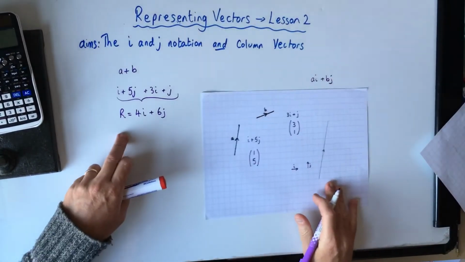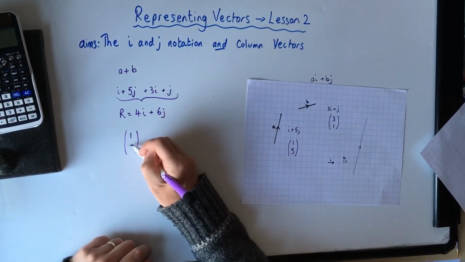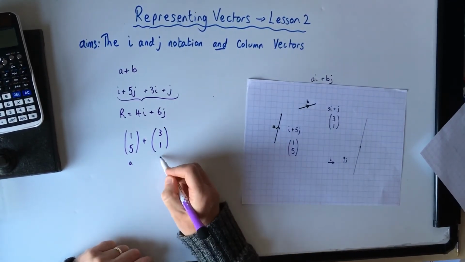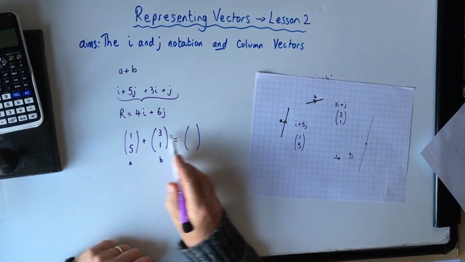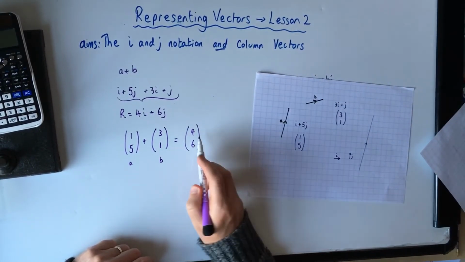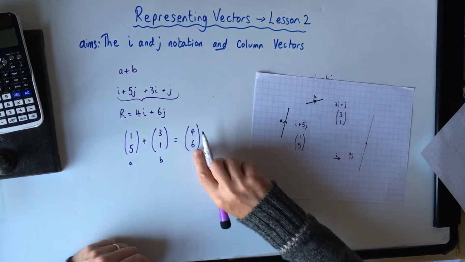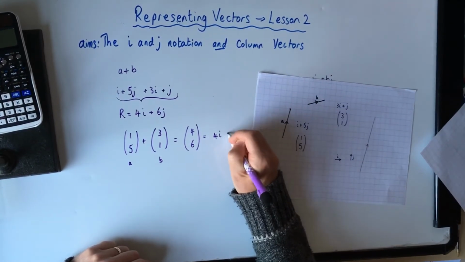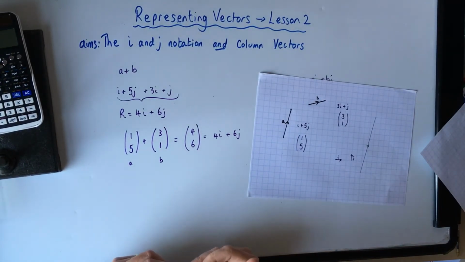Likewise, if you were adding it up, you'd simply be going 1 over 5 plus 3 over 1. This is our a and that's our b, and we add those together, of course. We just add the top, 4, and add the bottom, 6. So 4 over 6. Remember the top is the i, along the corridor, as we always do, and the 6 is up the stairs. So this or 4i plus 6j. Take your pick, but you get questions with both.